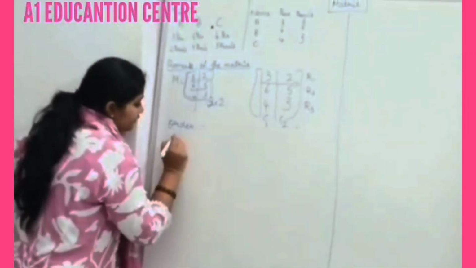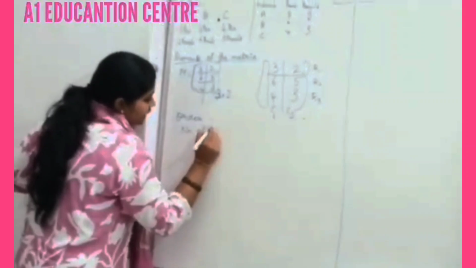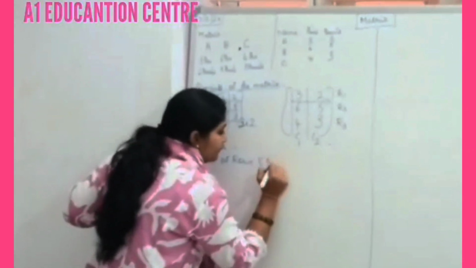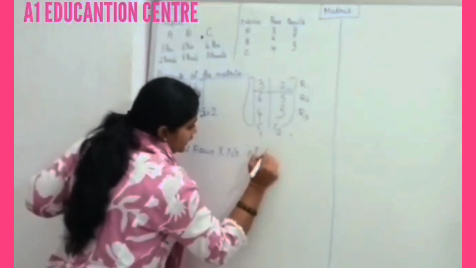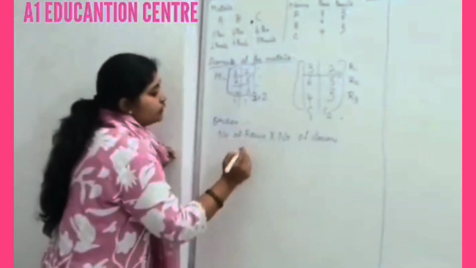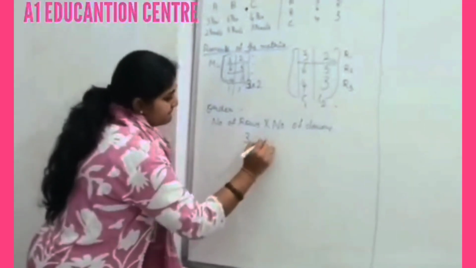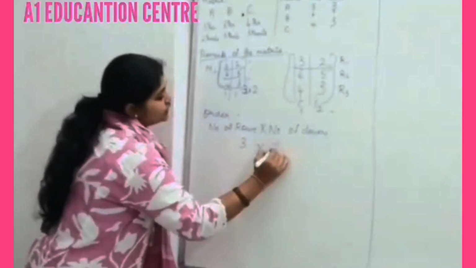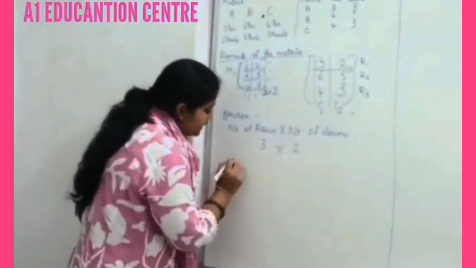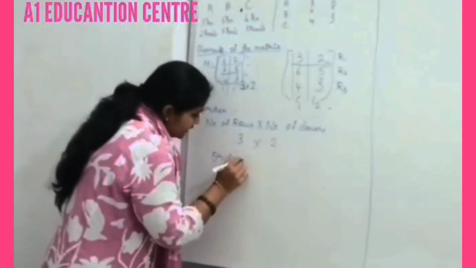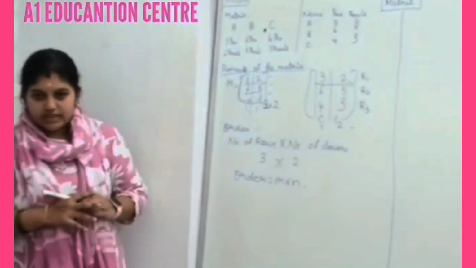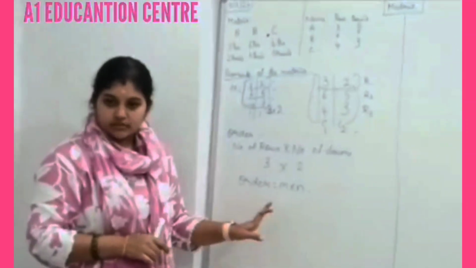Number of rows by number of columns. The number of rows is 3, the number of columns is 2. So 3 by 2 is the representation. If there is no number, it will be considered as m into n. So order is also done.